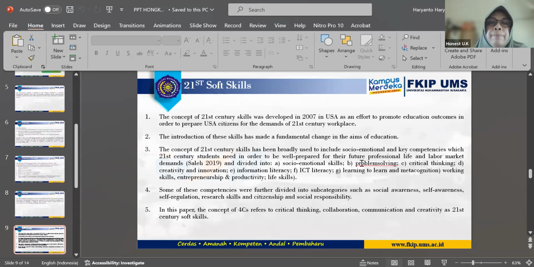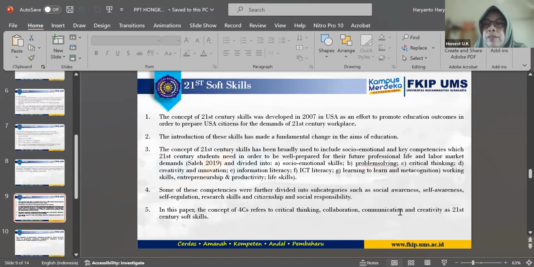Next, 21st century soft skill. There are several opinions about 21st century soft skills. However, this study focuses on the 4C, that is critical thinking, collaboration, communication, and creativity as 21st century soft skills. And communication here means that when pre-service teachers master communication in English, it would be beneficial for them in this 21st century, since they live in this century.